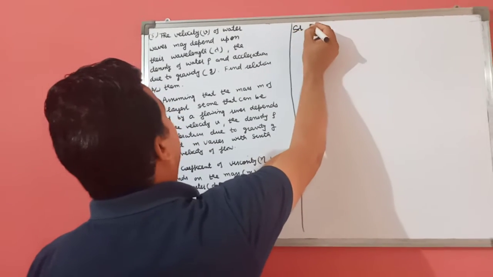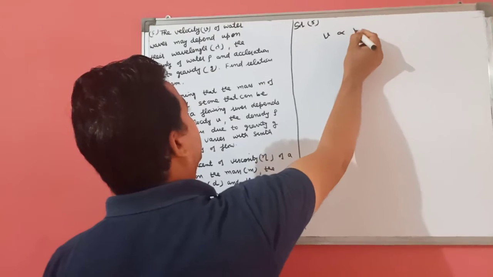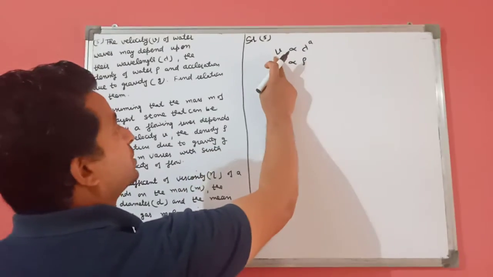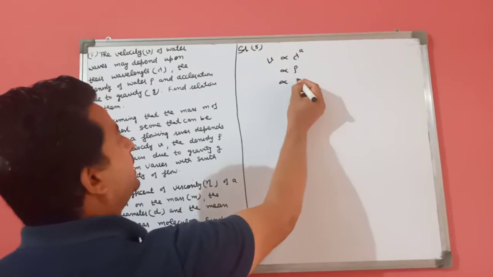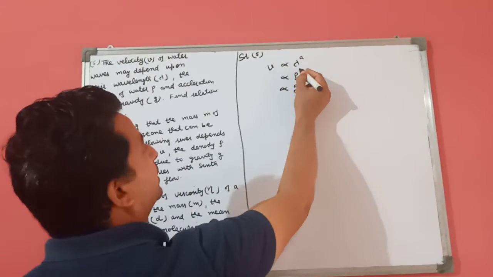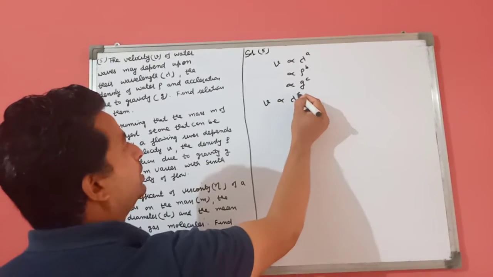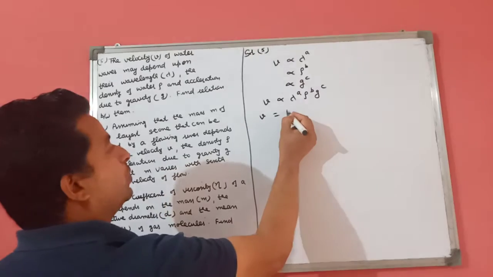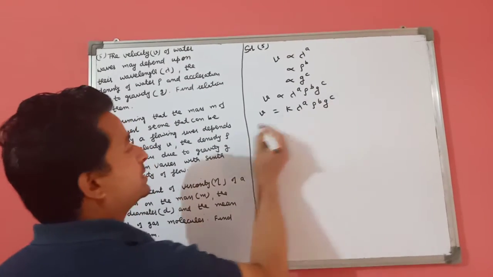So velocity v depends on wavelength, density, and third, acceleration due to gravity, with powers a, b and c. When we compare all these, we get a constant k. So the given relation is like this.